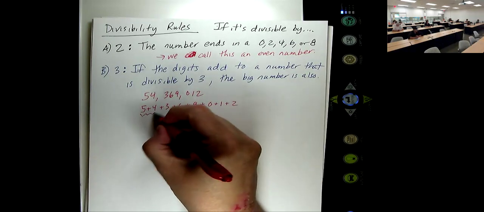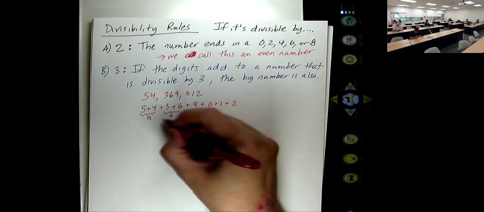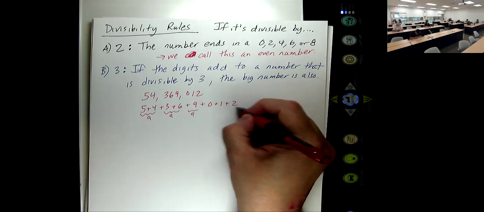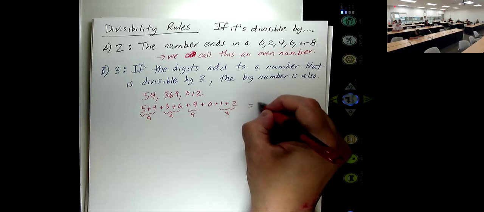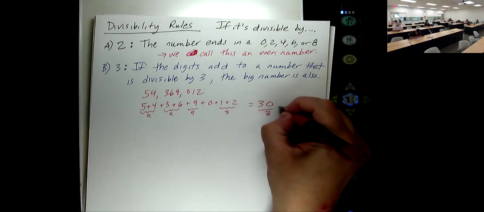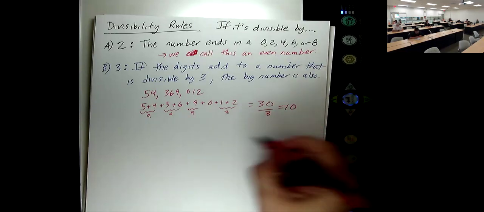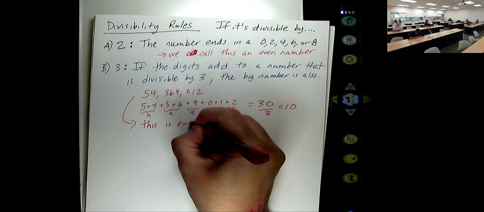So this is a 9, this is a 9, 9, then those 3 add up to 27. Plus 1 and 2, that's 3 more. This adds up to 30. 30 is evenly divisible by 3, so this is evenly divisible by 3.